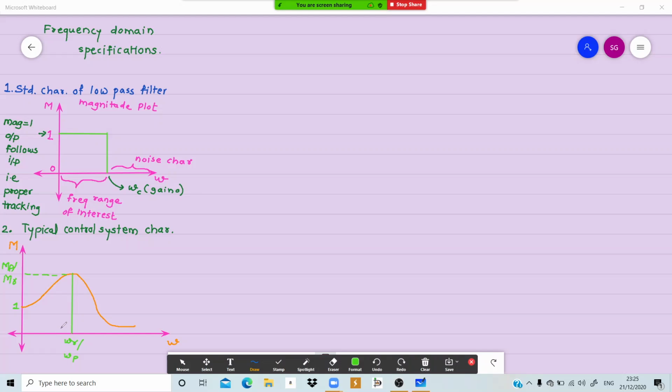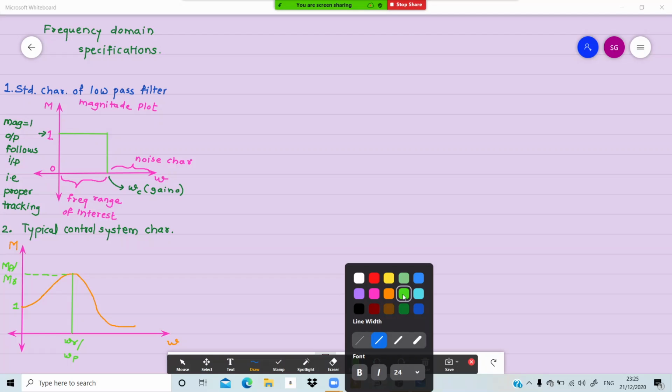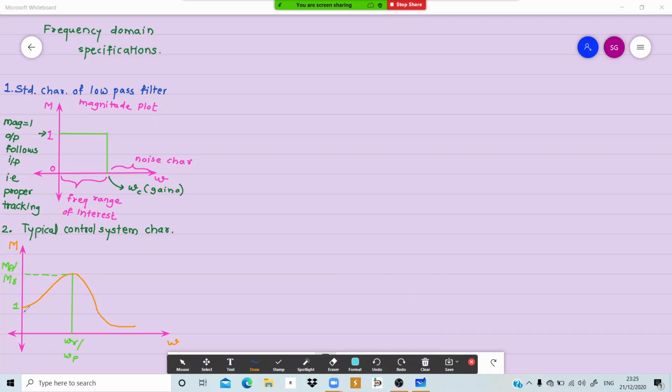So we have to put some restriction on the value of gain, and keep in mind that the gain value is considered as, I'm drawing it over here, 1 upon root 2. The point at which gain becomes 1 upon root 2, this frequency is called omega c.